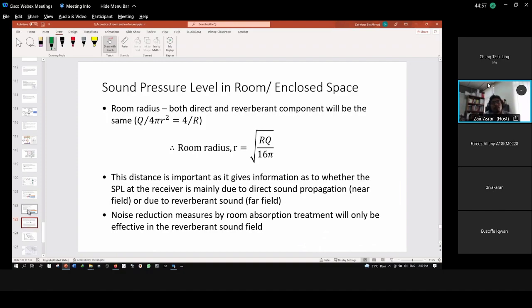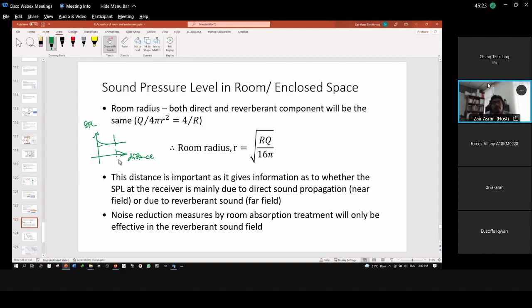We know that sound pressure level will be the highest at the sound source, and it drops off with distance until it reaches an equivalent level.